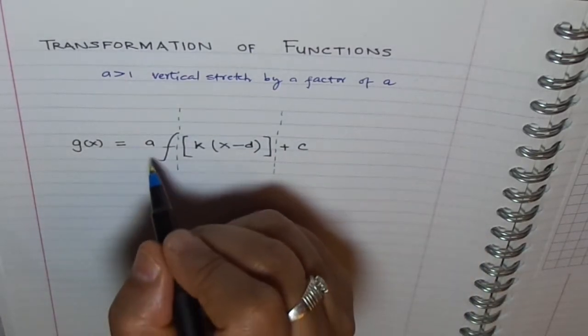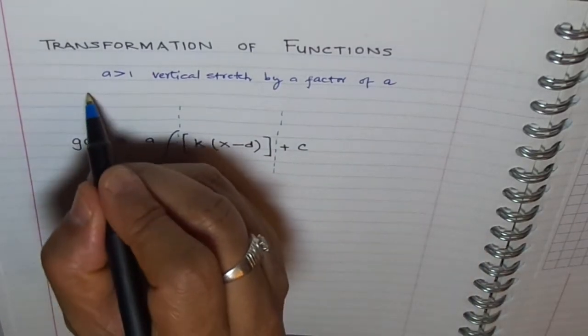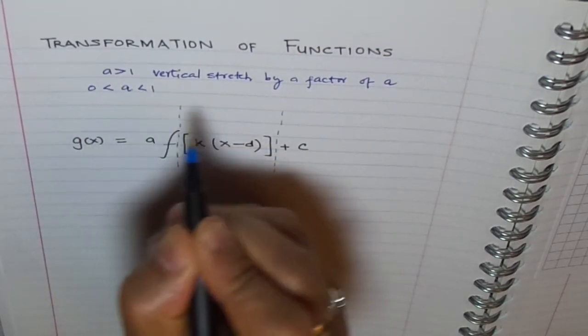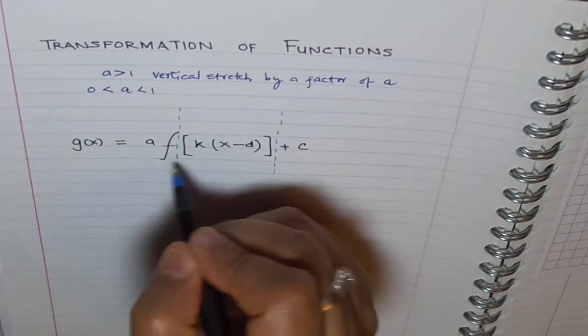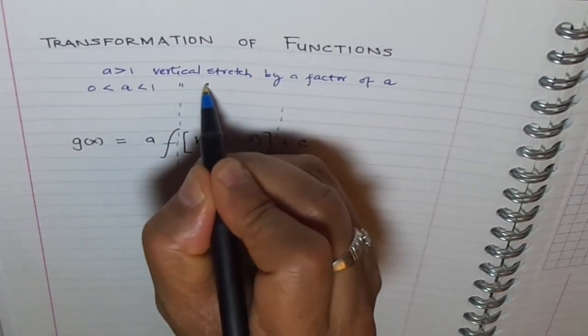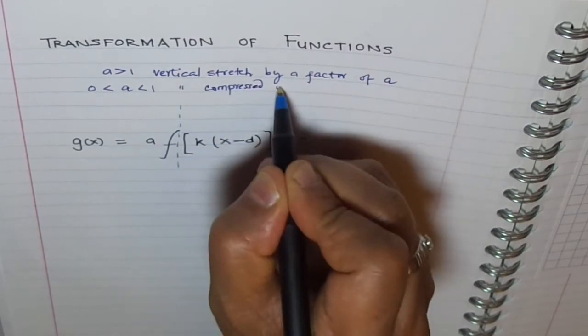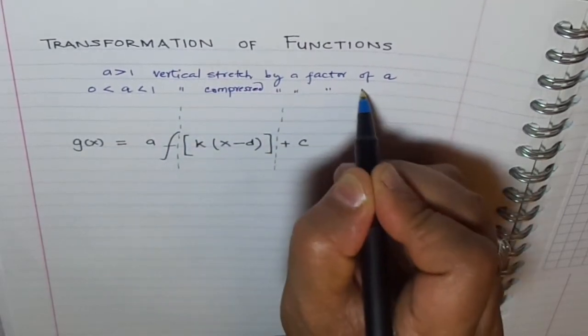But in case a is a fraction, let me write it is between 0 and 1, in that case it is vertically compressed by a factor of a.